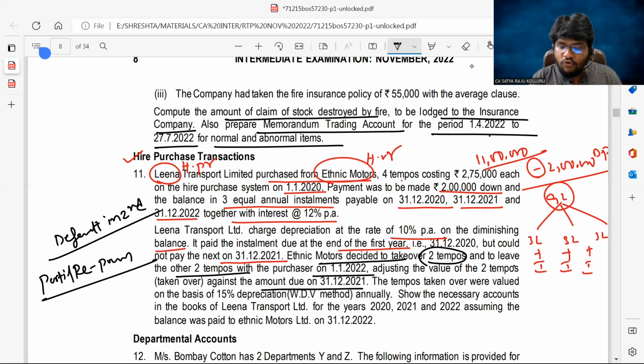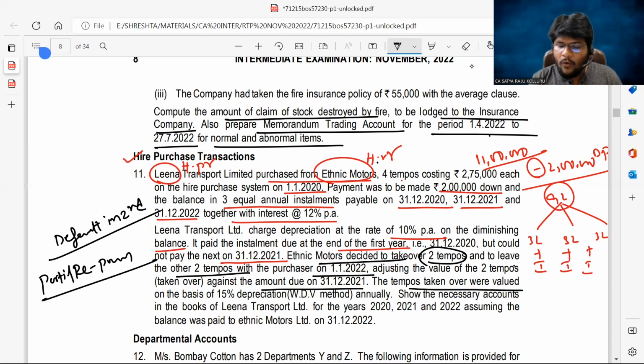Against the amount due on 31st December 2022, due to the reason of not paying the installments on the 4 tempos related to the second installment, hire vendor Ethnic Motors repossessed 2 tempos and left 2 tempos with Lena itself.